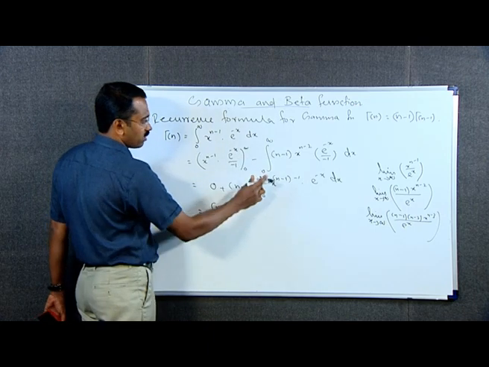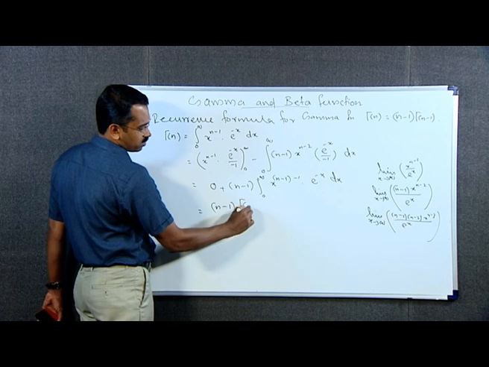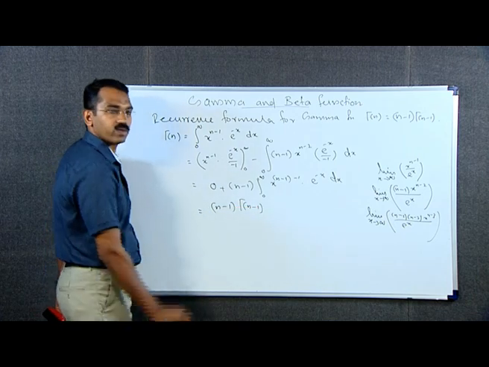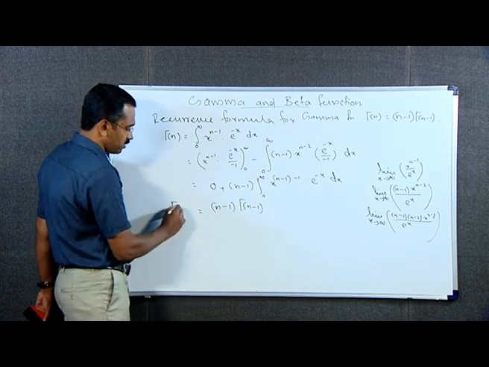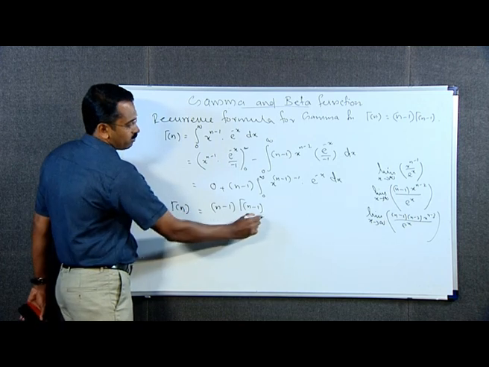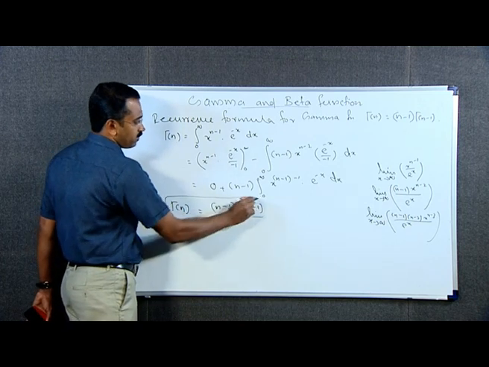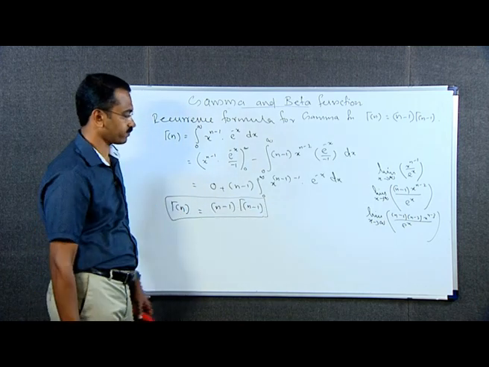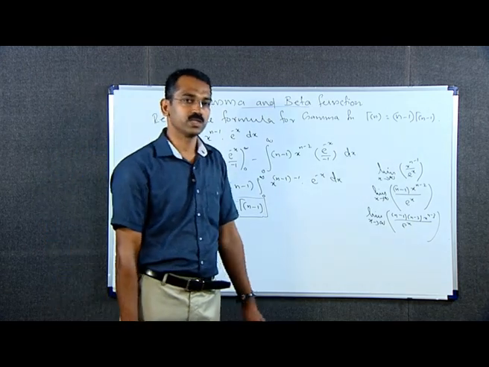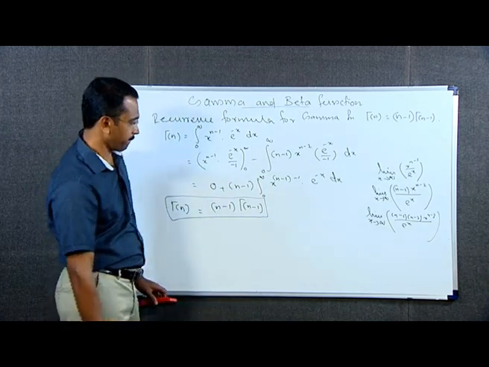Therefore, this is gamma n minus 1. That is, gamma of n is equal to n minus 1 into gamma n minus 1, which is the recurrence relation.